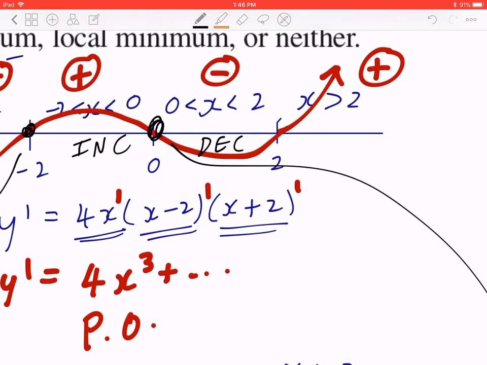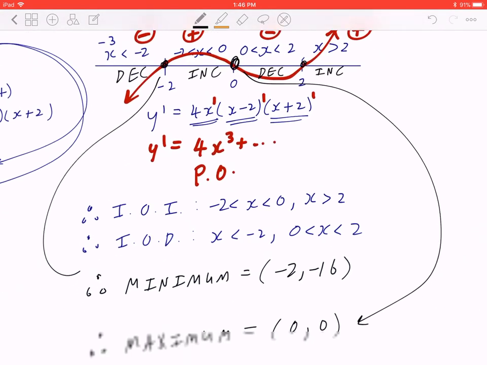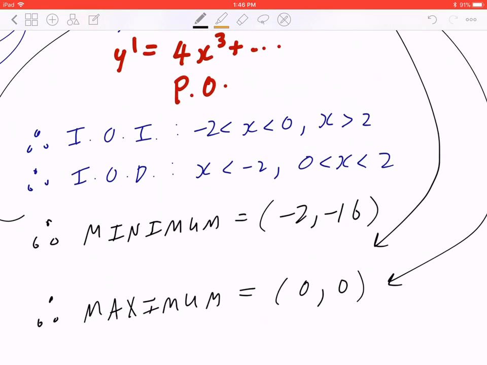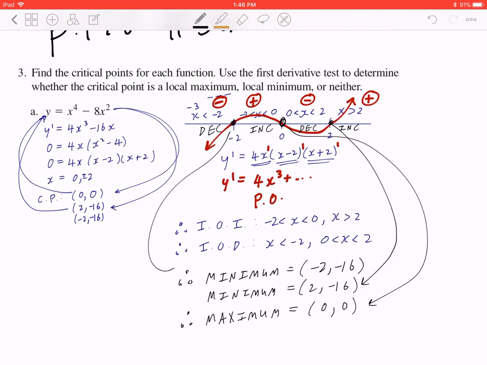Last but not least, the fact that it decreases and it continues to increase, this point goes back to here, which means there's another minimum, which equals 2, negative 16. So that's the first derivative test.